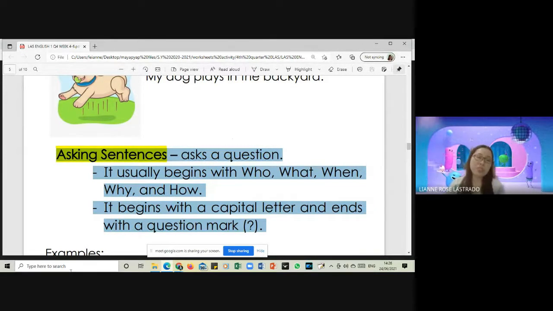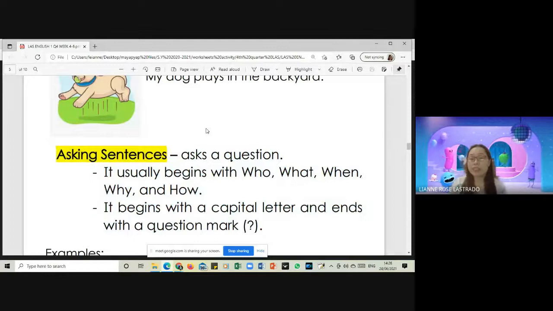Very good. So the difference of asking sentences and telling sentence is that for telling sentence, you are telling something. But for asking sentences, you are asking a question.